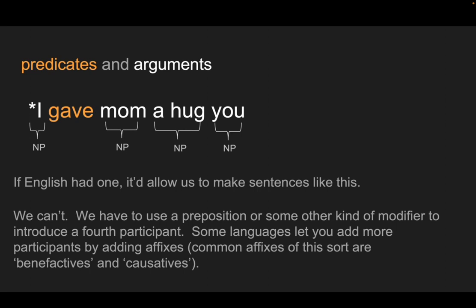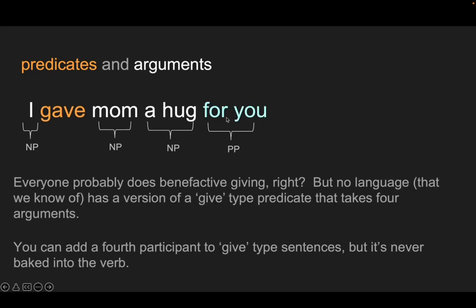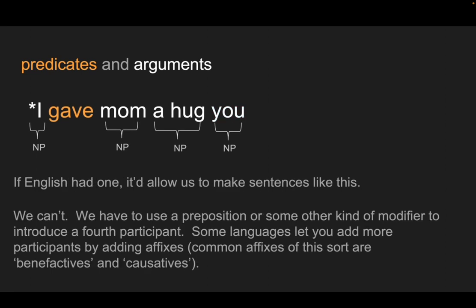Lots of languages let you build out this kind of structure by adding a little benefactive morpheme. But that's typically, again, a modifier of the predicate. You can say the predicate without the benefactive and it's fine, or you can add the benefactive morpheme and make a modified version, right? But we just don't have four-place predicates, at least not yet, and maybe we'll make some up because they would be fun.